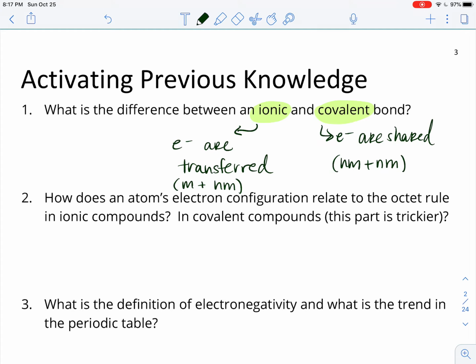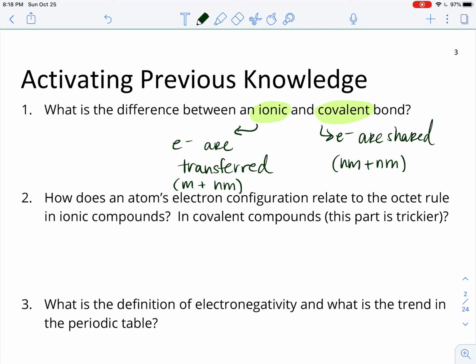All right, number 2, how does an atom's electron configuration relate to the octet rule in ionic compounds, and then in covalent compounds? So in ionic compounds, remember, elements will either gain electrons or lose electrons in order to have an electron configuration of a noble gas.